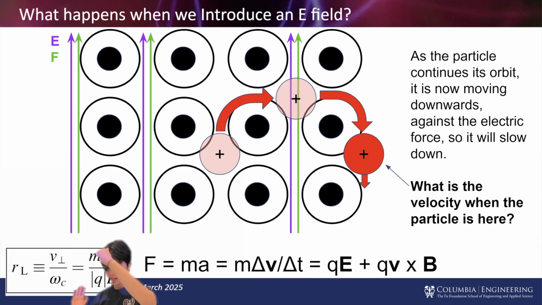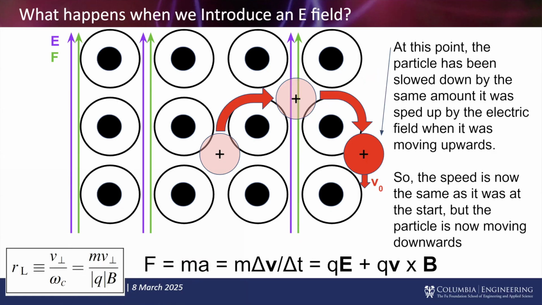So that force is now combating against the velocity, so I'm going to be slowing down, which means my perpendicular velocity is decreasing. If my perpendicular velocity is decreasing, what happens to my Larmor radius? It also decreases. So now you can see the particle has slowed down, so the speed is now the same as it was at the start, but the particle is moving downwards.